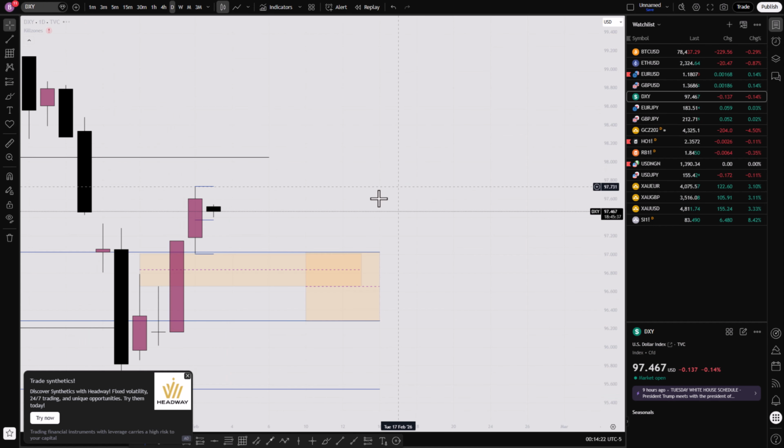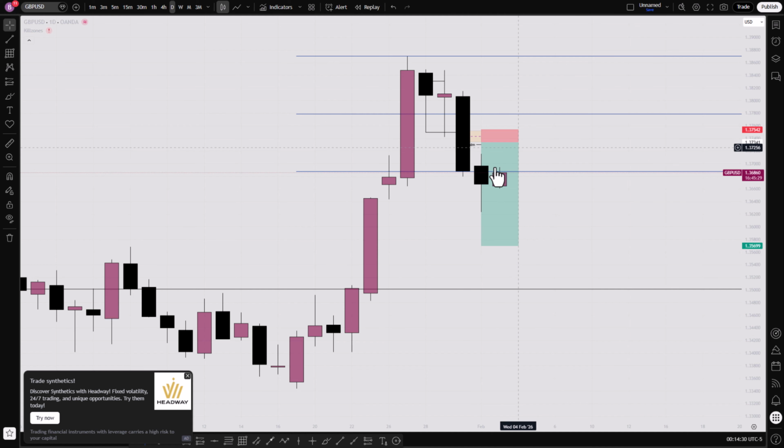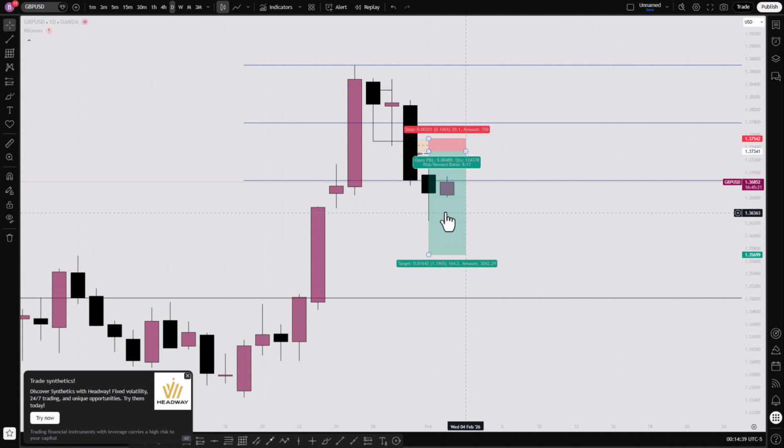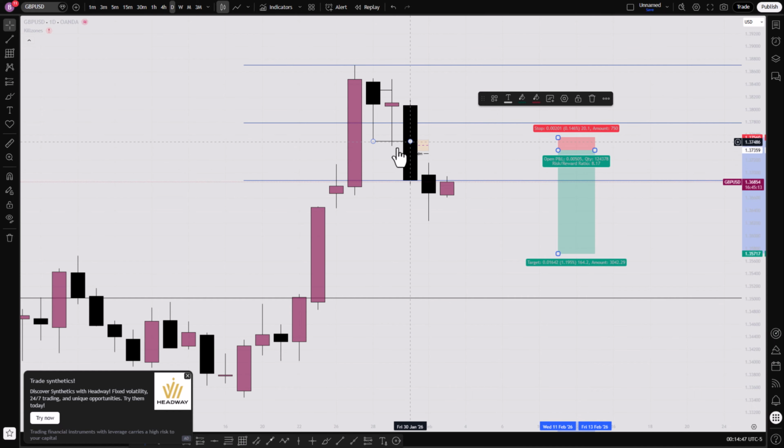If you look at the dollar here, we have this fair value gap. But on the GBP USD, there is no indication that price will be taking this low first. I'm seeing the possibility of price taking out this fair value gap here for bearish prices.